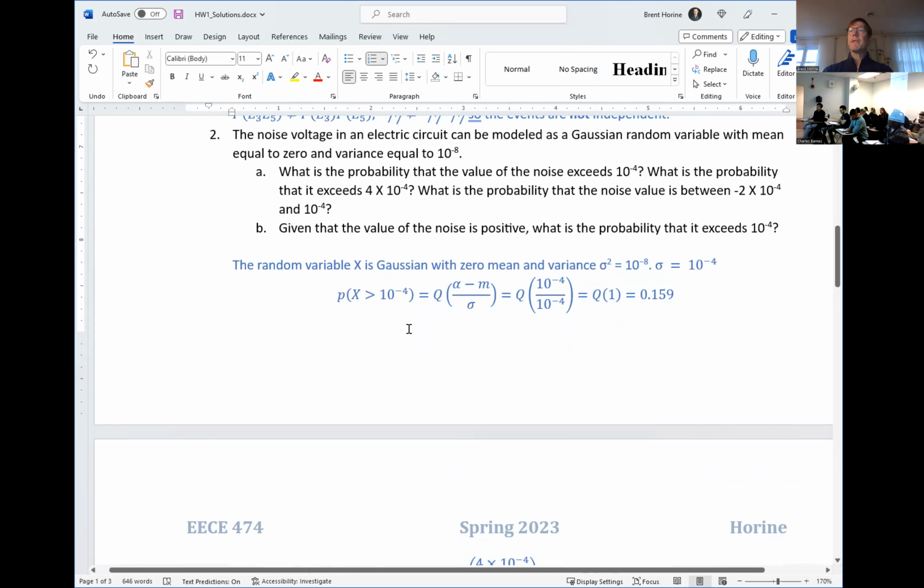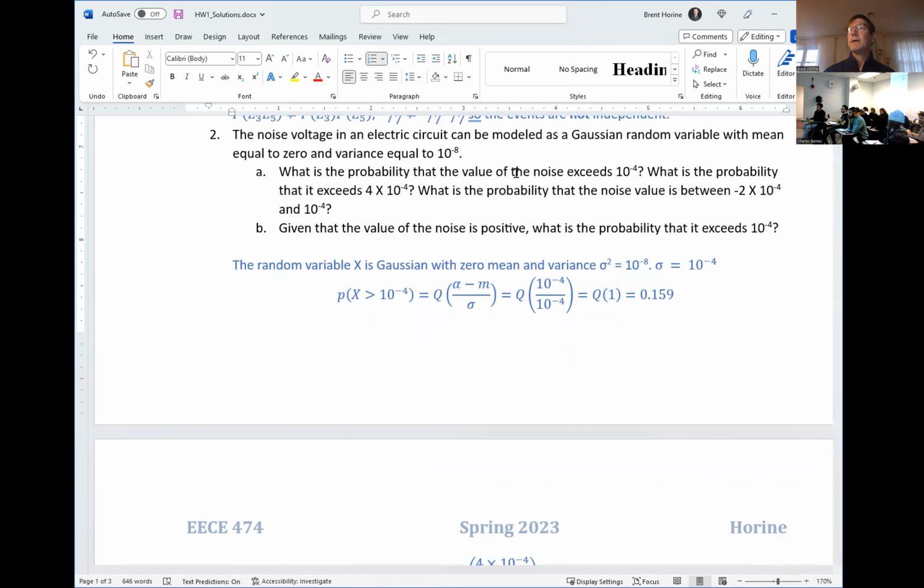Okay, I know I'm going faster here, but you'll be able to look at these and understand them, hopefully. So all right, and here, this is much like our probability of error. It's the same basic type of approach to the calculation, but here we've just kind of simplified it. We're not dealing with all the symbols and bits and that type of thing. It's just noise in an electric circuit that can be modeled as a Gaussian random variable with mean equal to 0.